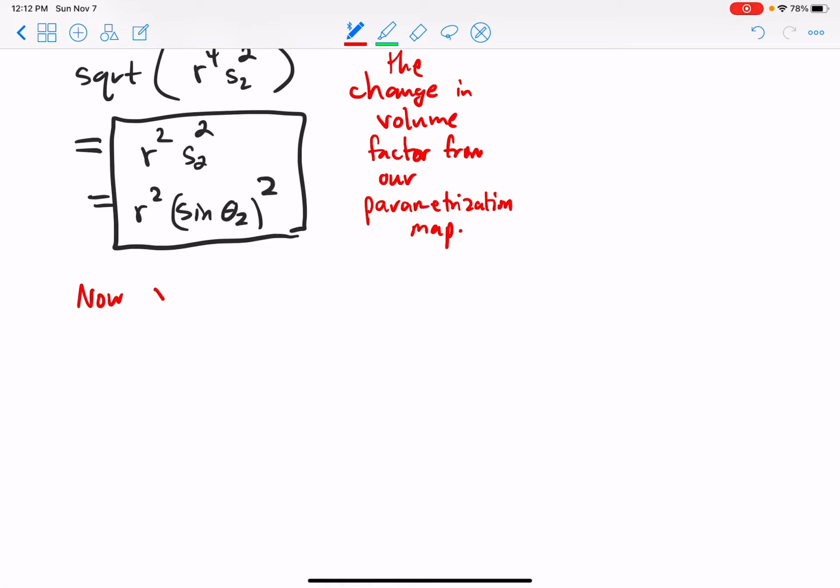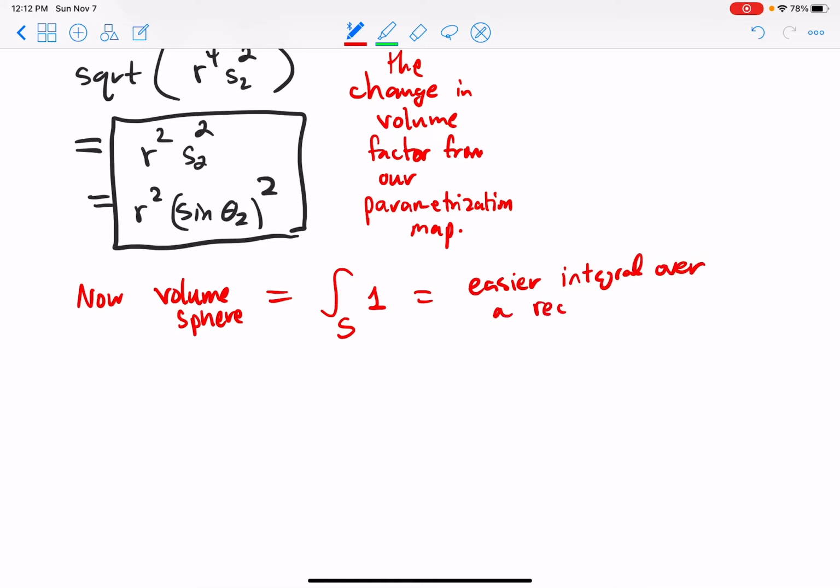Now, volume of the sphere will be equal to the integral over the sphere of the function 1, which will be equal to an easier integral over a rectangle, and this is the whole point of using the parametrization map, is that it is going to be an easier integral over a rectangle in the theta 1, theta 2 plane.